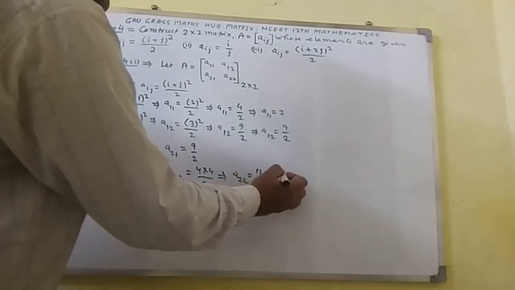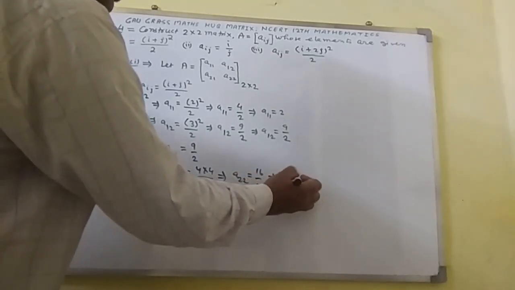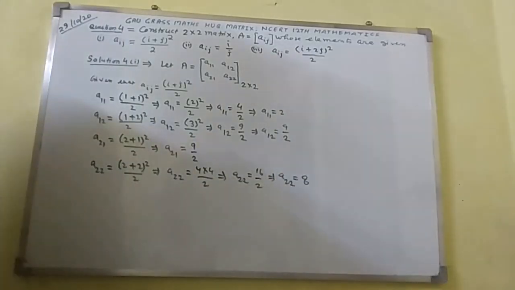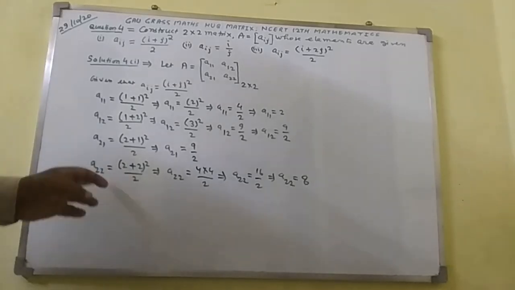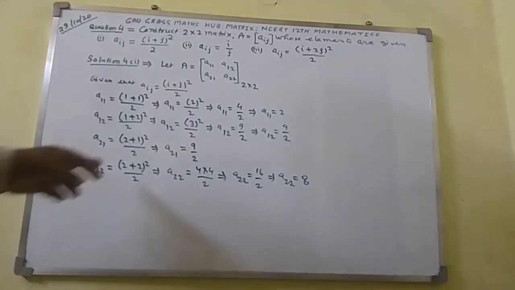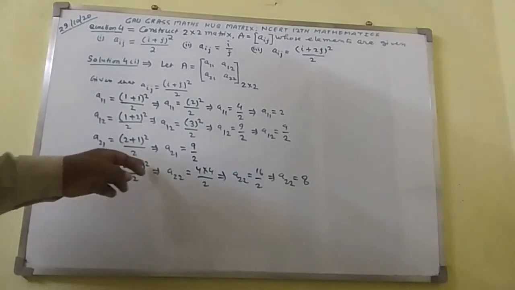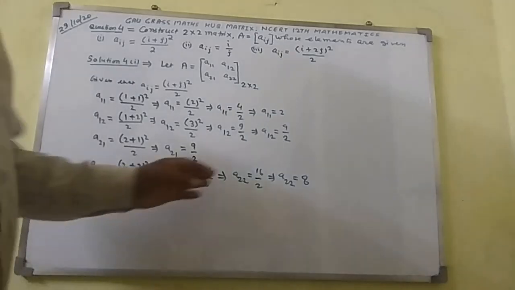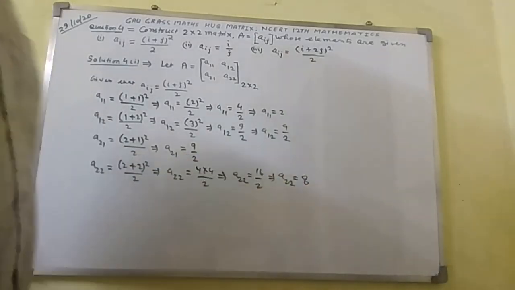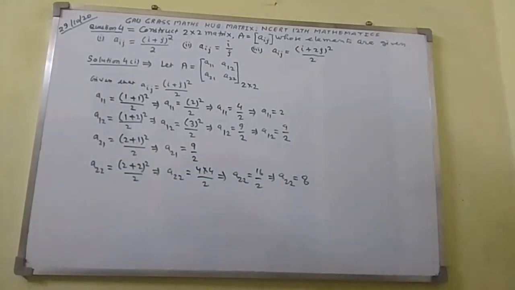Imply that a22 equal to 8, you will get. 2 plus 2 will get here 4, 4 whole square will get 16 over 2, a22 equal to 8. You have got here.